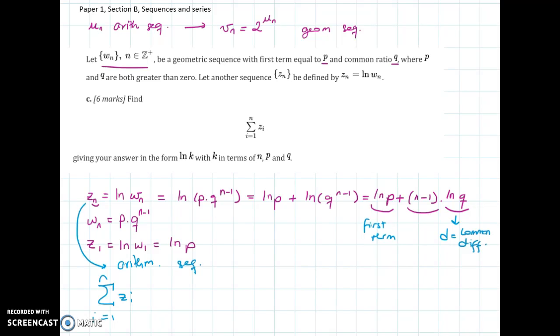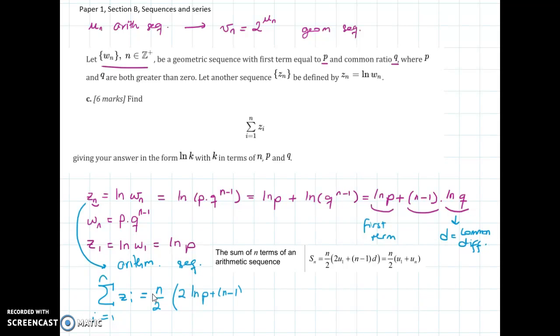I'll copy it here. According to the formula, this is going to be n divided by 2, multiplied by 2 times the first term, so that's the logarithm of p, plus n minus 1 times d, which is the logarithm of q. Okay, this is not yet in the form we want, so we need to rearrange it.